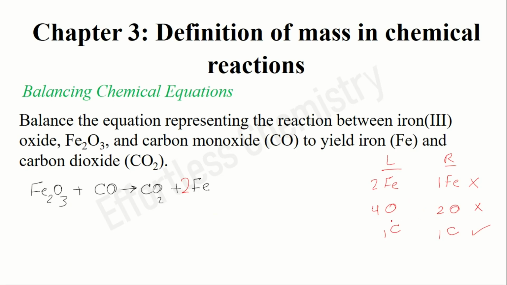But regarding the oxygen, on the left side it is 4, while on the right side it is 2. So if I add a number 2 here, I have balanced oxygen, but at the same time I have changed the number of carbons. Now we have 1 carbon at the left side, while 2 at the right side. So it's no longer balanced, while oxygen now is balanced.